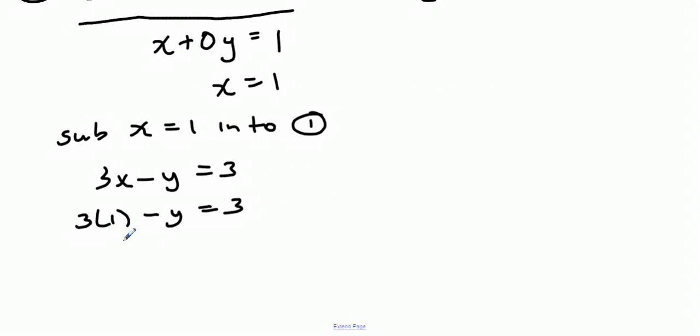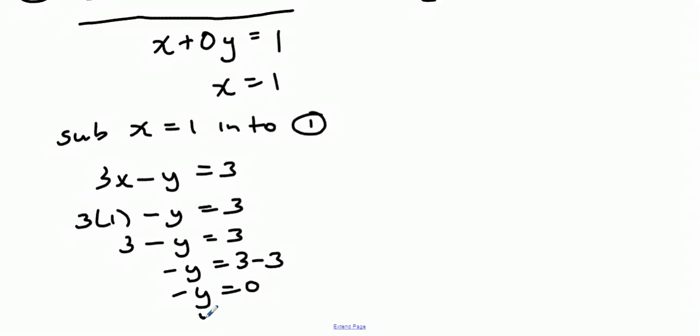And then 3 minus y equals 3. Minus y equals 3 minus 3. Let me bring that 3 over. Minus y equals 0, and believe it or not, when I divide or multiply 0 by a negative, it stays 0. 0 is neither positive or negative.